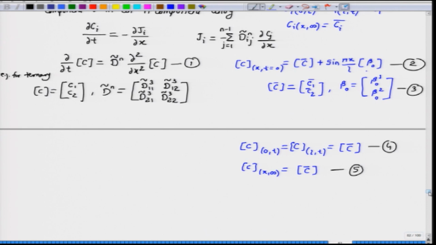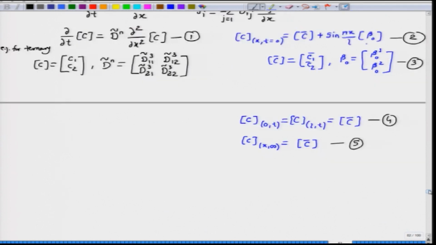Okay. So, we first need to decouple the equation, for which we use the similar approach that we used previously for solving the multi-component diffusion equation, and that is we need the similarity transformation matrix, which we call P, for the interdiffusivity matrix. So, we define the similarity transformation matrix P, which is the matrix formed by arranging the eigenvectors of D tilde column by column. So, for ternary it will be 1, beta 1, alpha 2, 1.